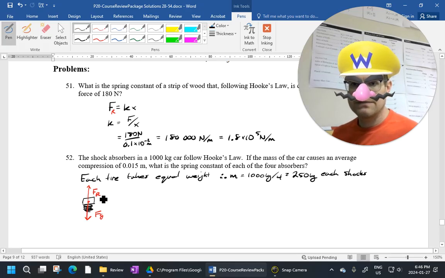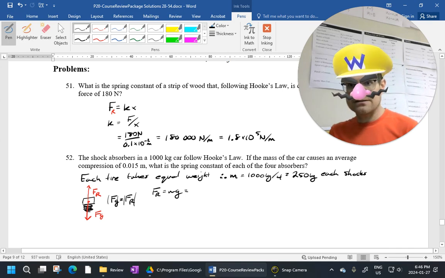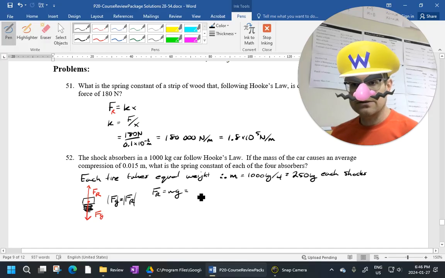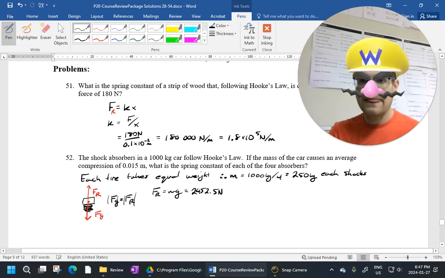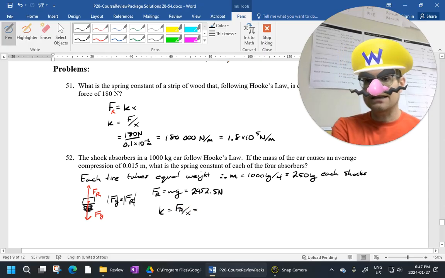And if this is just compressed down and sits there, then Fg and Fr are equal to each other, at least the magnitudes are. So therefore, Fr is just equal to the mass times gravity, which is nice. It's mass 250 times 9.81. So I get 2,452.5 newtons. Okay, so now we have the Fr. Now I can go back here and say Fr divided by x, I can find that spring constant.